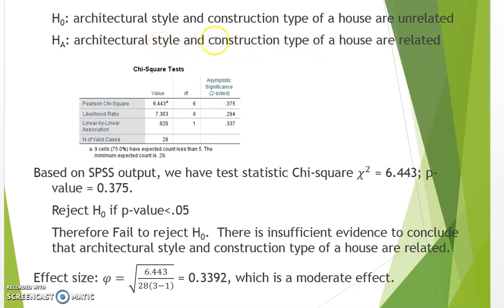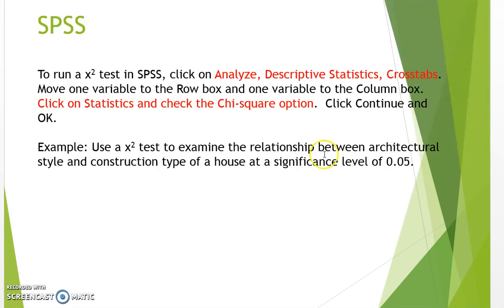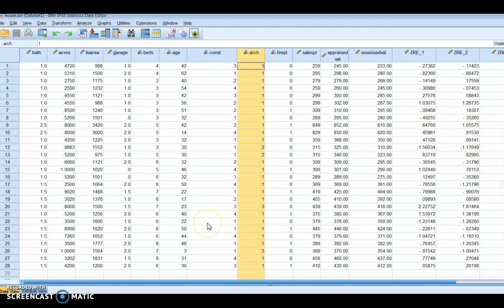Just variable A and variable B are unrelated, or variable A and variable B are related. Let's see how we do this in SPSS. We'll need to construct a cross tabulation, which is also called a contingency table in SPSS, to investigate the relationship between these two variables.